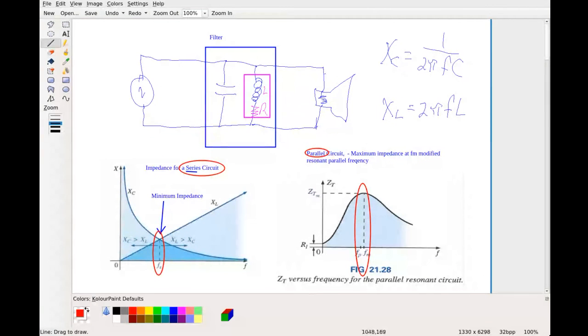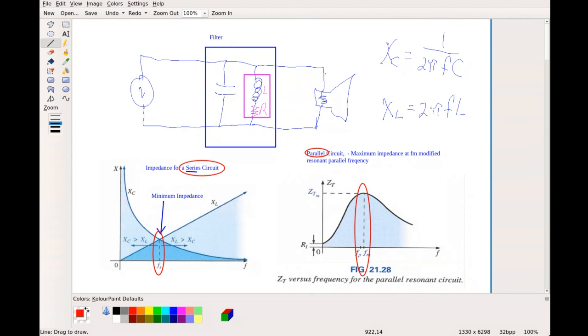So we will discuss also high pass and low pass filters a little bit in chapter 22. So we'll talk about high pass filters, low pass filters, a little bit about the bandwidth, but we've pretty much already discussed those.